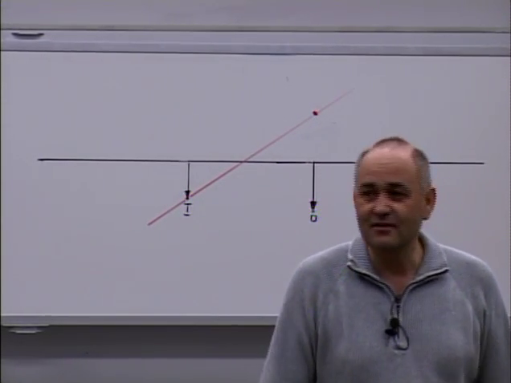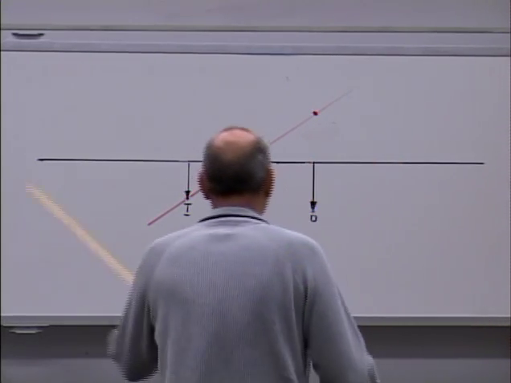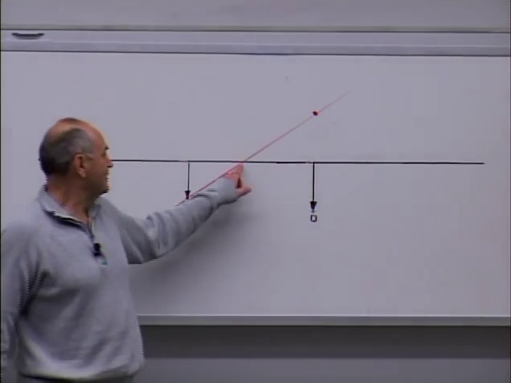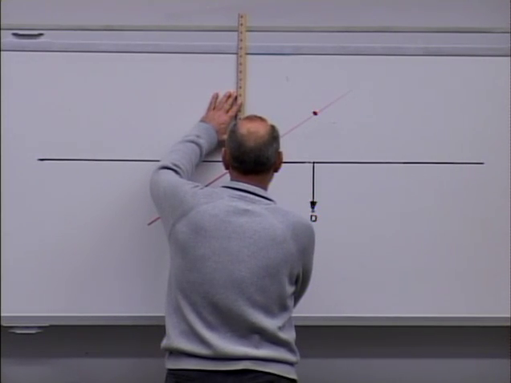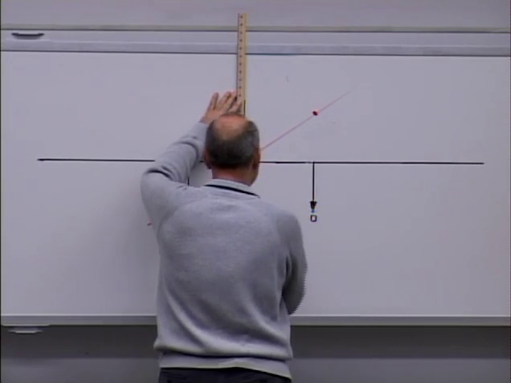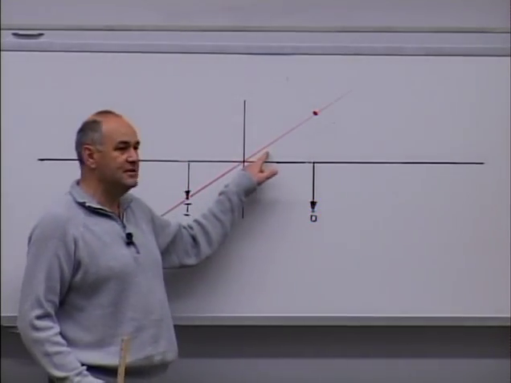He already recognized where the mirror is supposed to be, right? Where? Where the chief ray crosses the principal axis. So the mirror has to be here. This is where the mirror is supposed to be. Now this is the image chief ray.